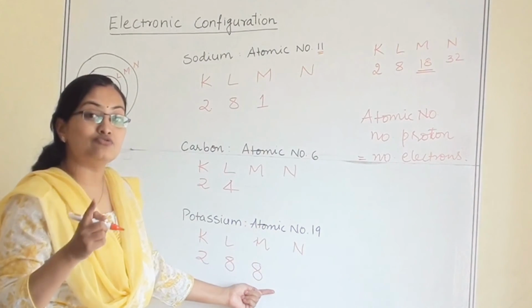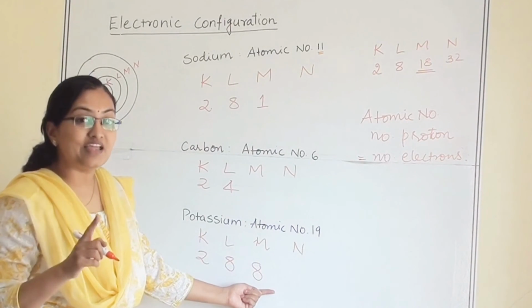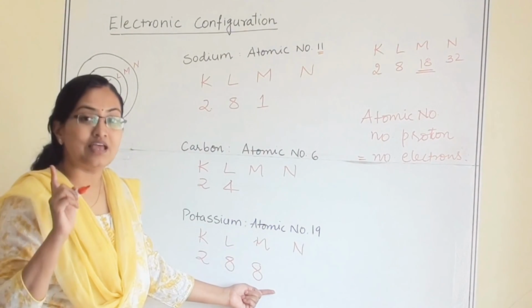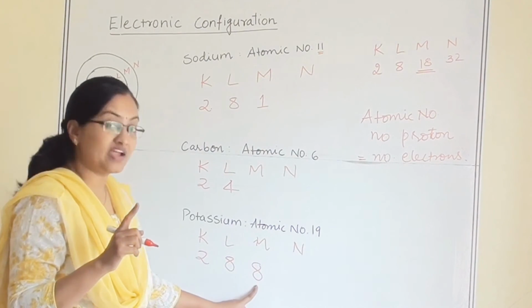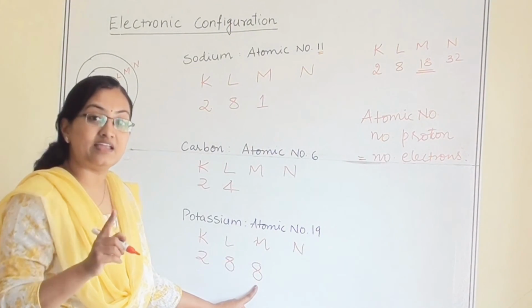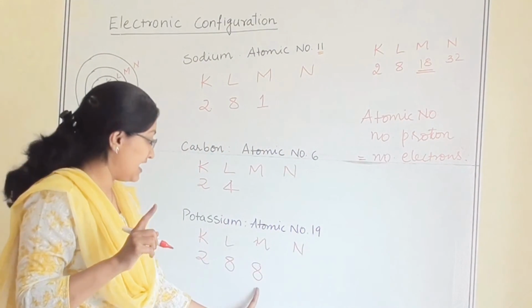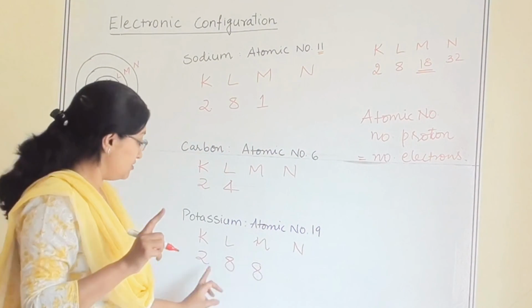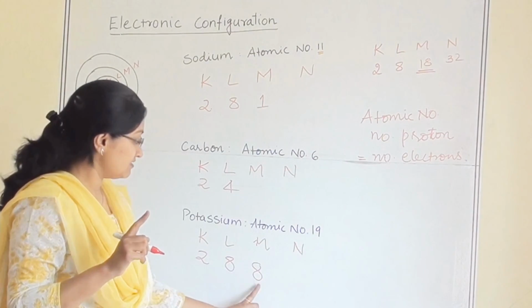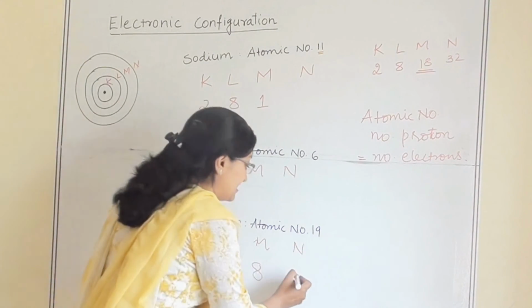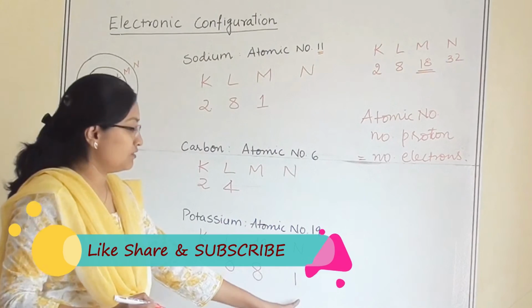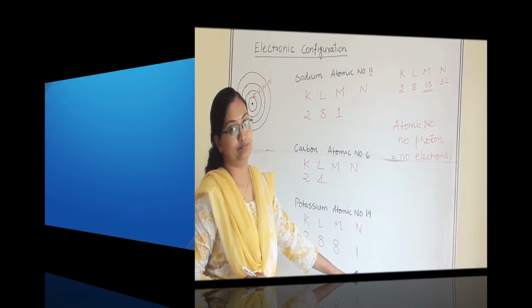But according to our rule 2, more than 8 electrons we cannot keep in any of the orbits. So we will write here only and only 8. Even though the capacity is 18, we will write here 8. And how many more are left? 2, 8, 8, only 1 is left. So 1 will go to N.